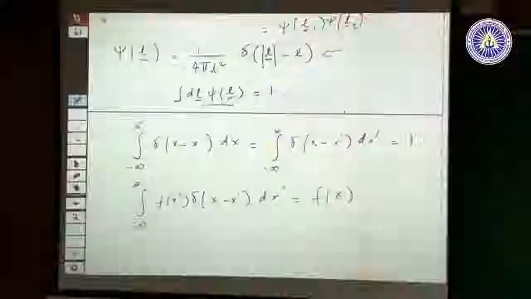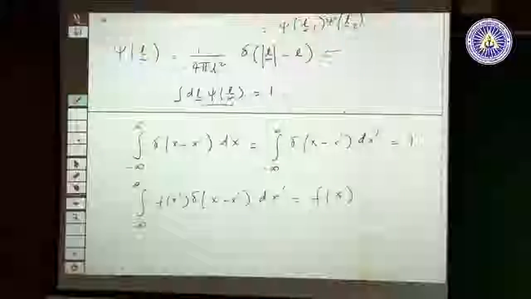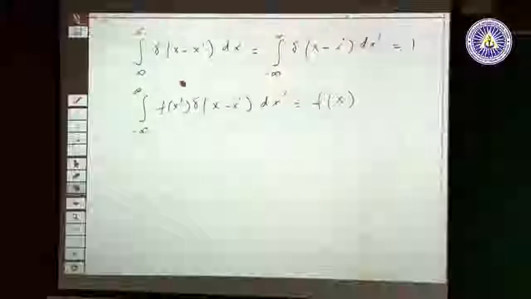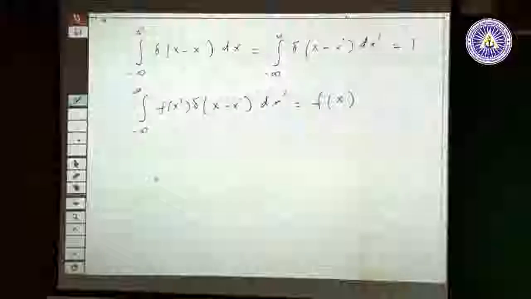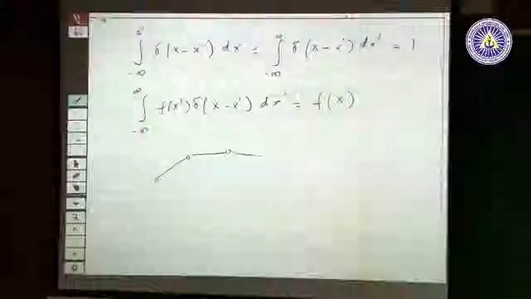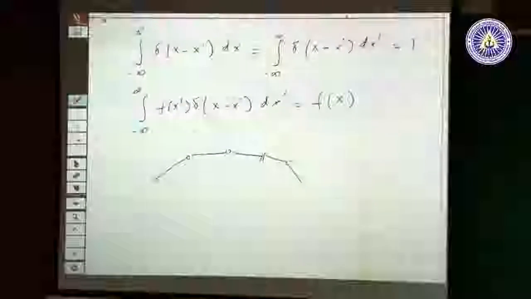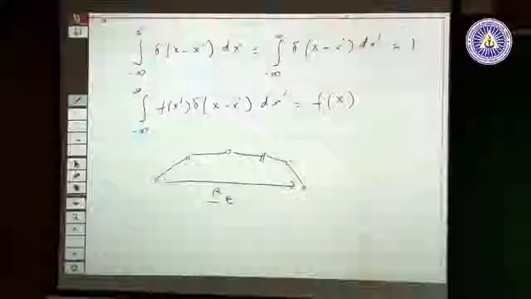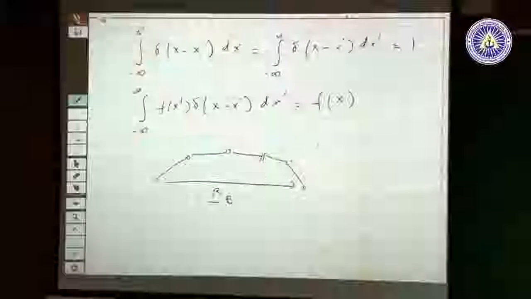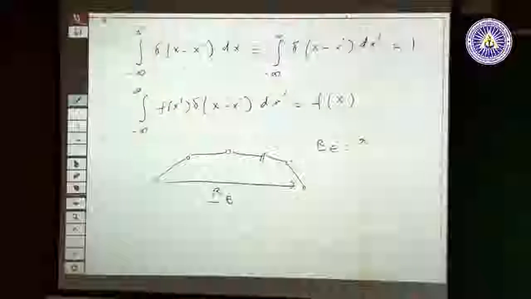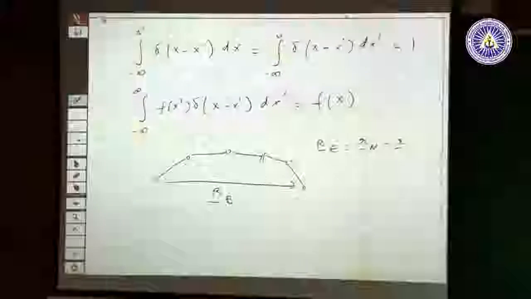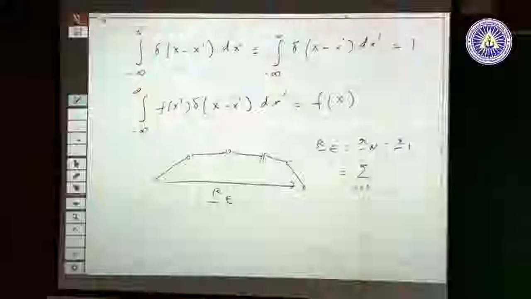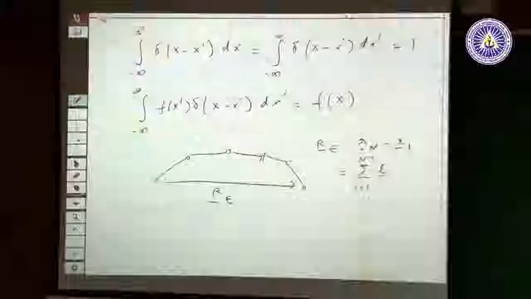Now, you recall we were interested in the end to end vector of a freely jointed chain, which I denoted by R e. R e was the last bead location minus the first bead location, or the sum from i equals 1 to n minus 1 of all the bond vectors.